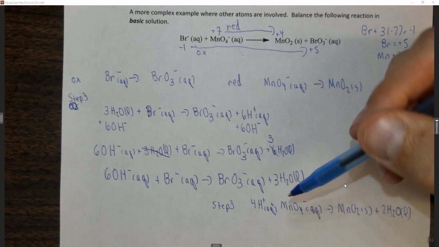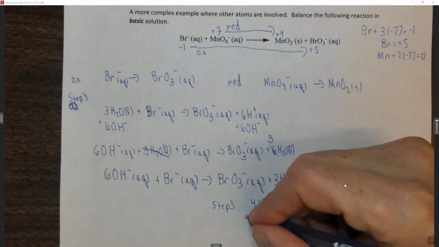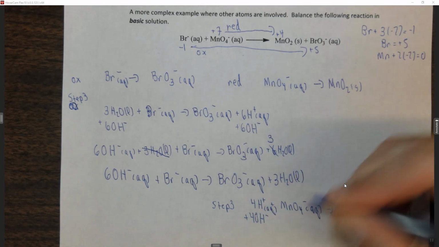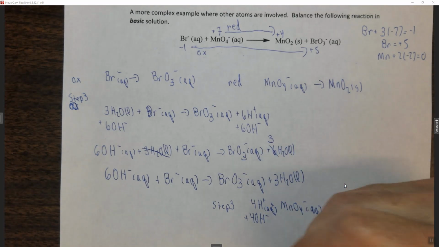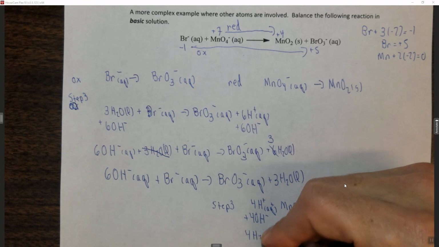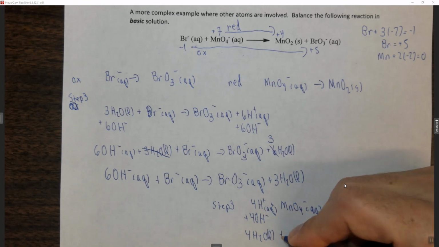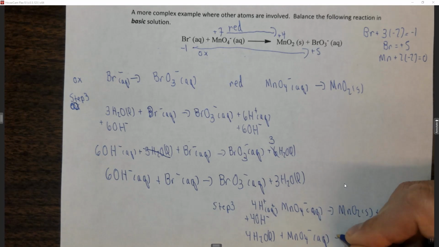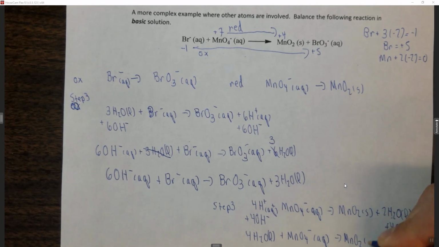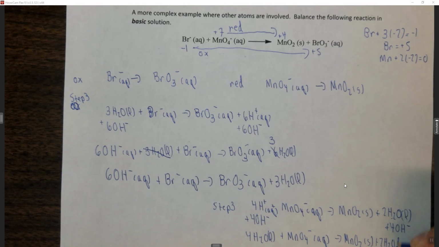Just like before, this is in base, so we have to add 4 OH⁻ to this side and 4 OH⁻ to this side. So the H+ and the OH⁻ make water, so we get 4 H2O liquid plus MnO4⁻ aqueous yields MnO2 solid plus 2 H2O liquid plus 4 OH⁻ aqueous.